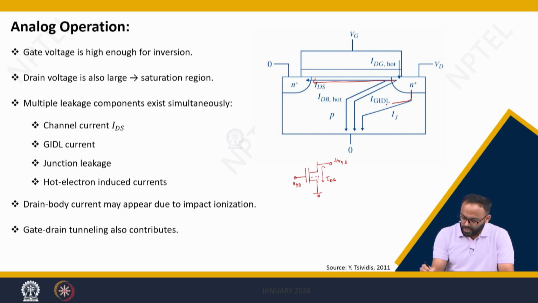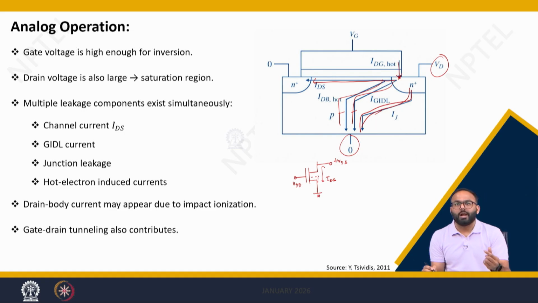There is a junction current because drain is positive, body is 0. There is a possibility of GIDL current. There is a possibility of hot carrier based drain to body current. So, these are all components which we have discussed in previous lectures, right, and yes, there is also a possibility of overlap current, right.